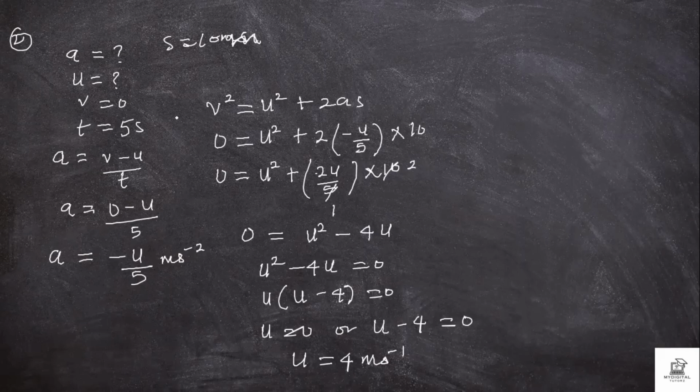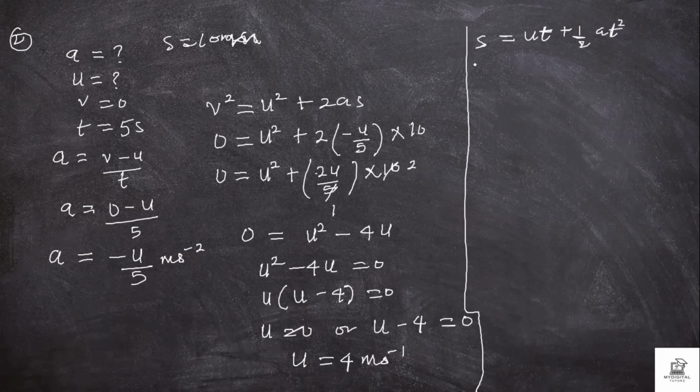So we use the first instance to get A in terms of U. Then any of these equations that contain S will work for us. Let's try again. If you use S is equal to UT plus half AT squared, it will still work for us.